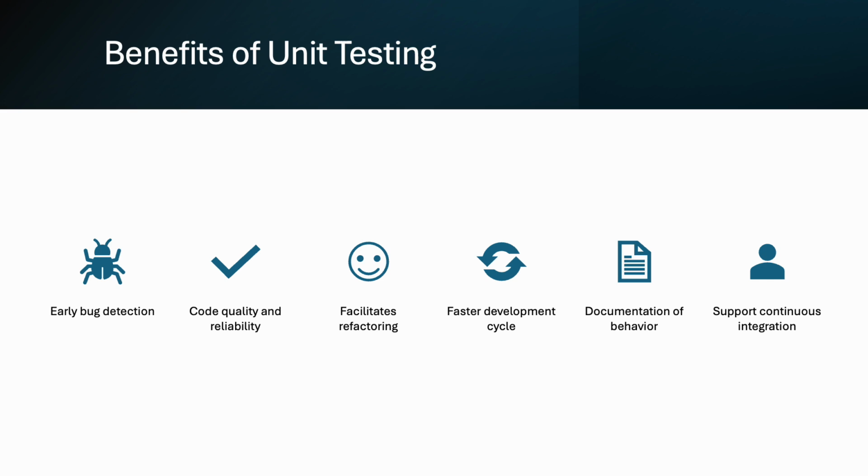It facilitates refactoring, a faster development cycle, documentation of behavior, and supports continuous integration. So, while the benefits of unit testing are very clear, there are also limitations and challenges to address.